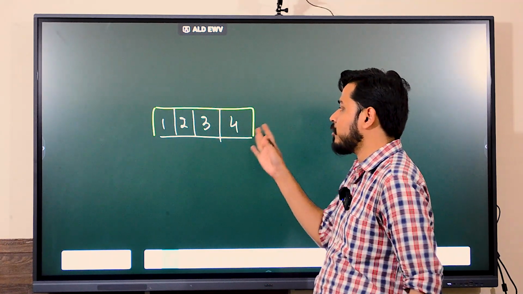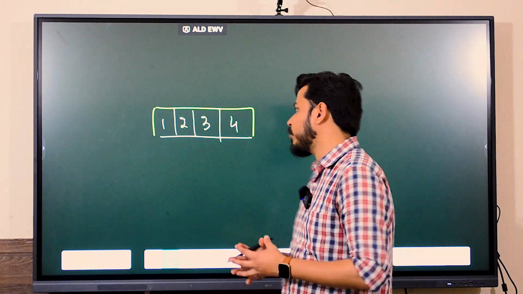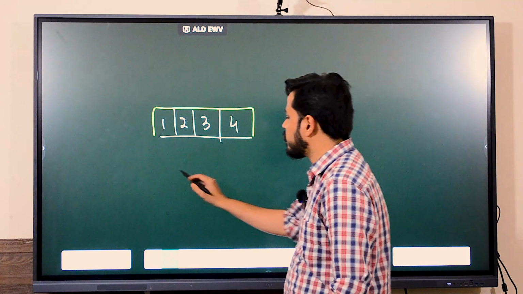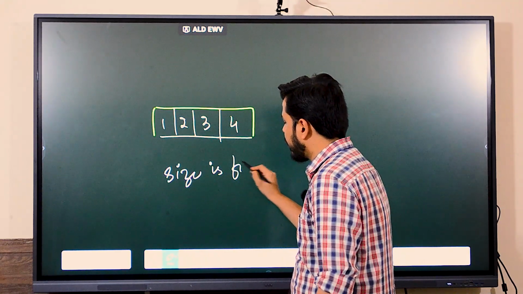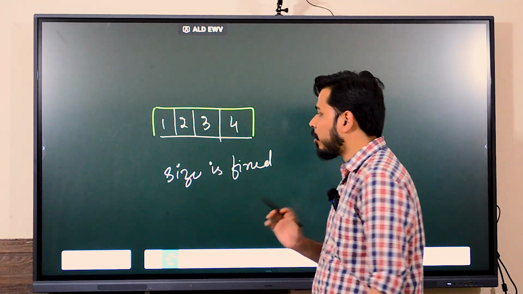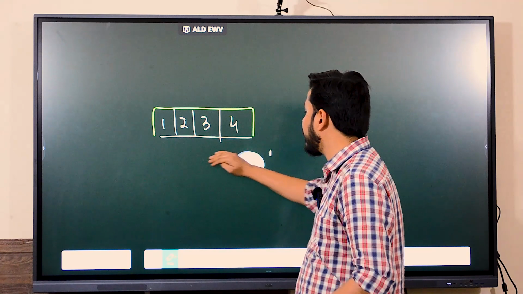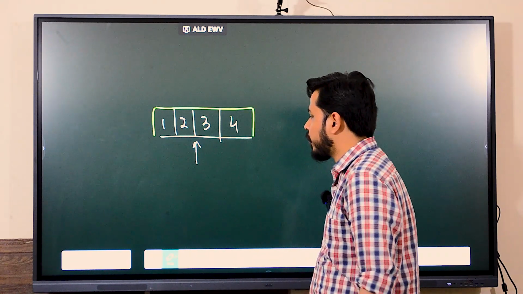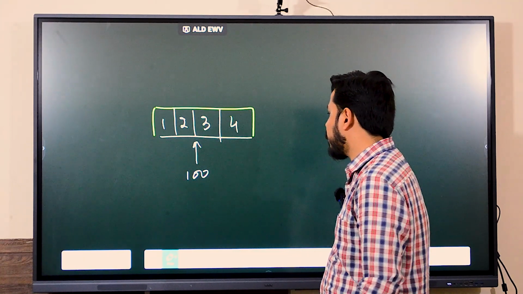Array also is a concept of data structure which is used for storing the elements at one place. The problem with this array is that the size is fixed. When the size is fixed, you cannot do the job flexibly in arrays. For example, if I want to insert 100 in between 2 and 3, what I need to do?